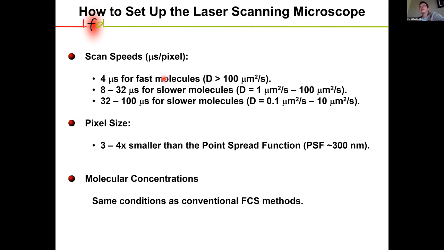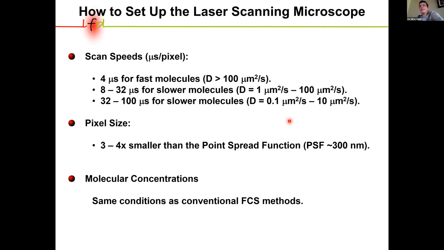So for fast diffusing molecules like dye in solution, for example, faster than 100 micrometers square per second, you use 4 microseconds and faster as pixel dwell time. Then 8 to 32 microseconds for slower molecules in the range of 1 to 100 micrometers square per second, which is the typical range for the motion of protein in the cell cytoplasm.